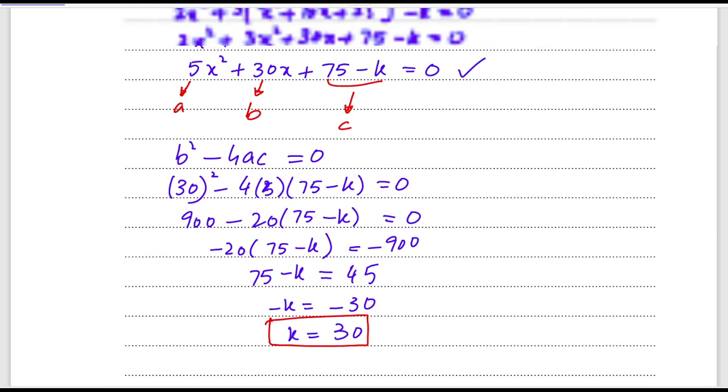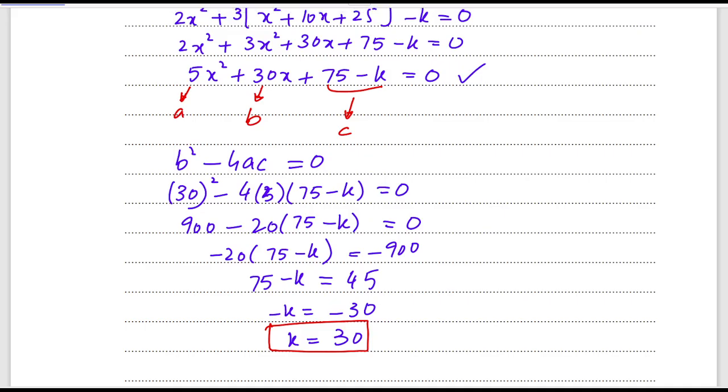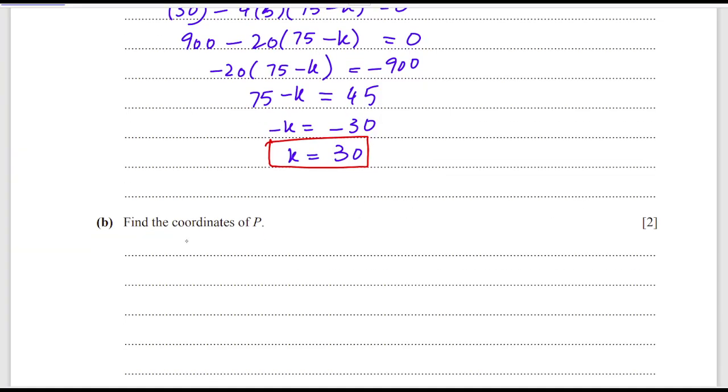So substituting k is equal to 30 into the standard quadratic equation in x, we get 5x square plus 30x plus 75 minus 30 equals to 0, which is 5x square plus 30x plus 45 equals to 0.